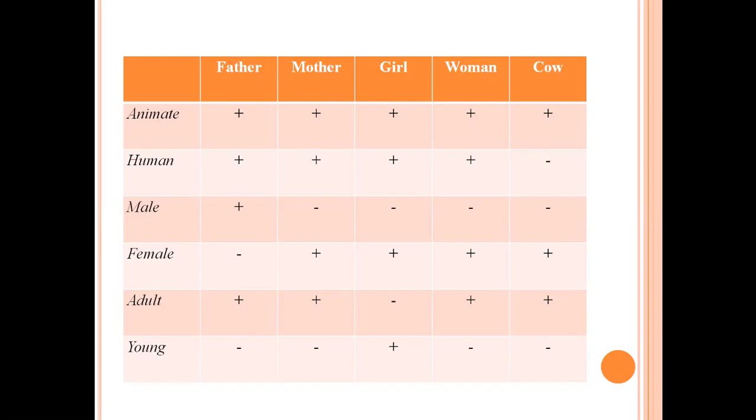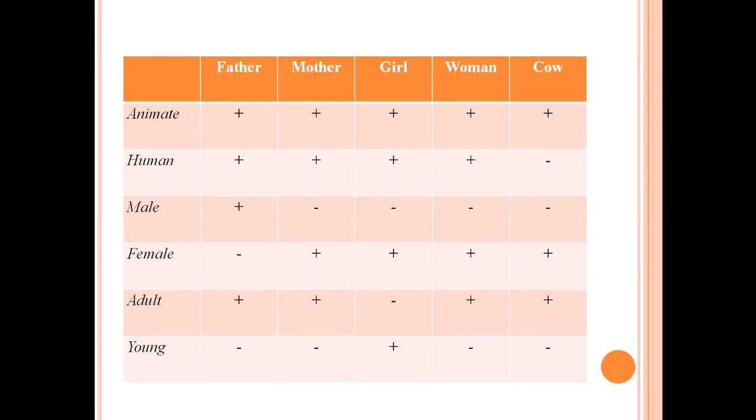Cow নিচে minus কেন দেয়া হয়েছে? Why have you used minus sign? কারণ হিউম্যান প্রপার্টিটা কাউয়ের না। হ্যাঁ, so cow তো আর human being না। So cow এর মধ্যে এই প্রপার্টিটা নেই। That's why minus sign.